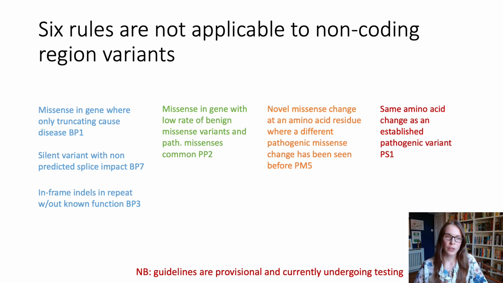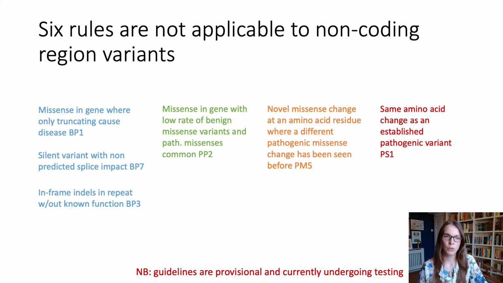We then went through every single one of the rules and defined whether they were applicable to non-coding region variants or not. A whole bunch of them are: I think 13 of the rules are as applicable to non-coding region variants as they are to any other variant across the genome, so they are completely unchanged in this guidance.